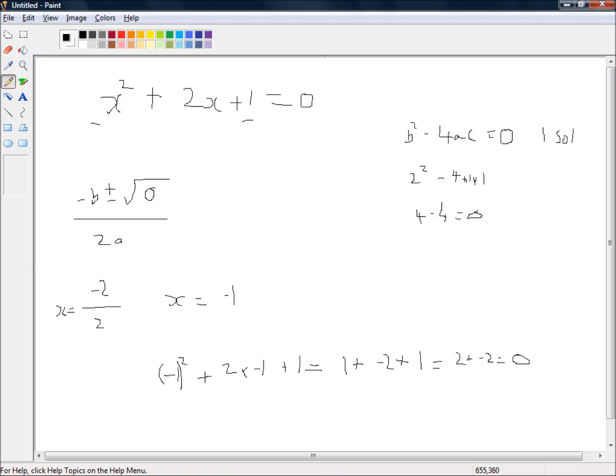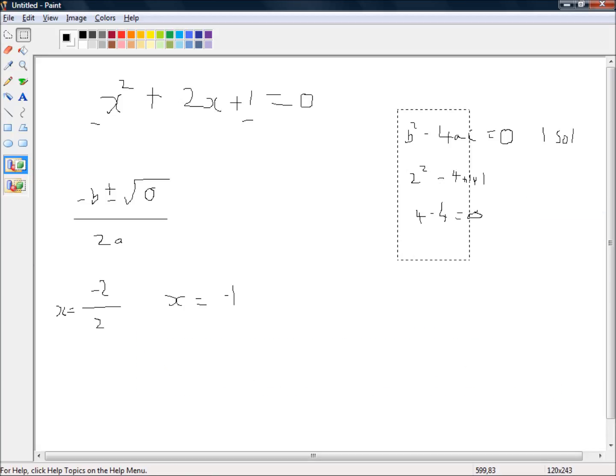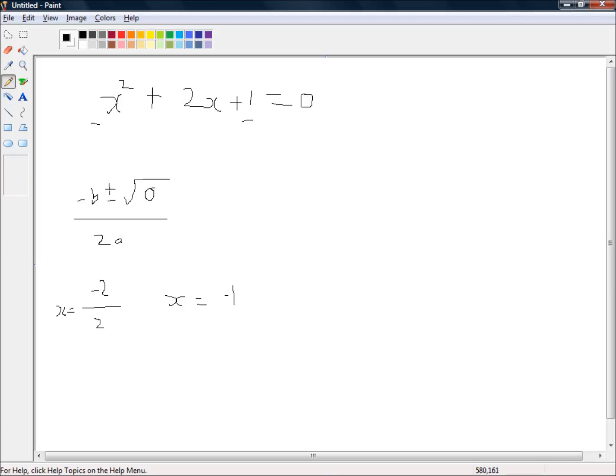Another way we could have checked that would be to just factorise the quadratic equation. Let me just make some space for myself here. So if I take my x squared plus 2x plus 1, well, 1 times 1 is 1, and we need factors of 1 that add up to 2. Well, that's obviously just 1 plus 1 is 2.